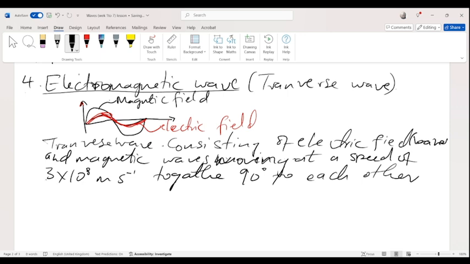Okay, now from what we know, the speed of a wave, which is given by c, in particular for an electromagnetic wave, is still given by the formula frequency times wavelength. Wavelength is depicted by lambda.